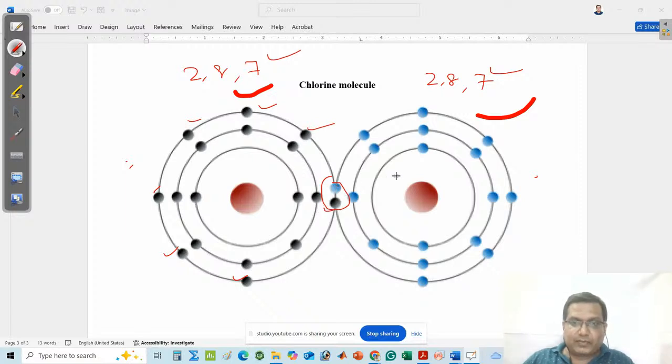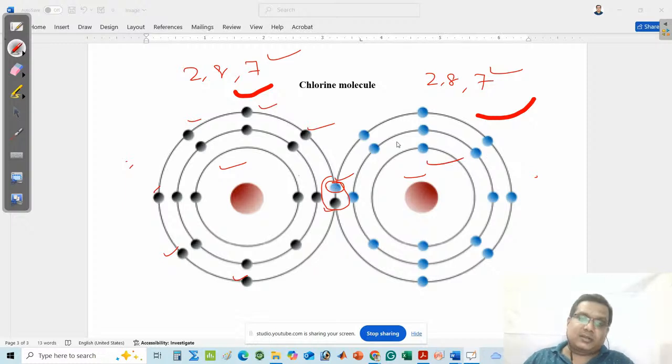Actually, this is the electron of this chlorine atom, but since they are sharing with each other for maintaining the stability, it counts this electron as well. That means it is counted in the octet rule. That means you can think about 8 electrons. This is the 8 electron for this atom. Now think that there are 8 electrons in the valency shell, by adding this electron, and this electron is the electron of this atom.